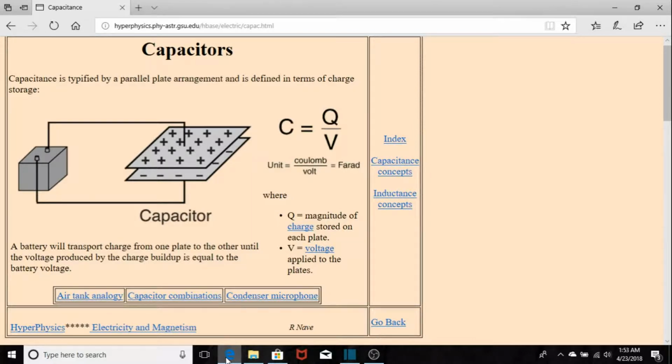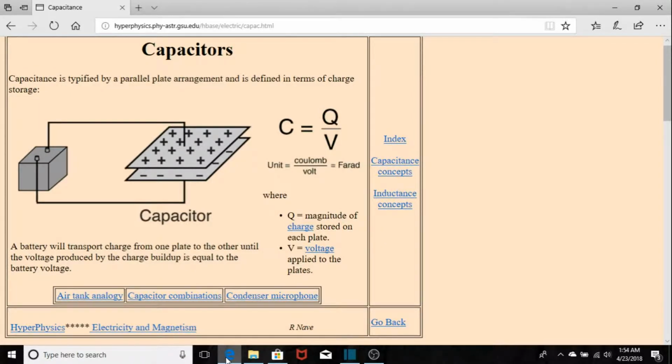In order to find the equivalent capacitance, which we're going to do in this problem, you will need to find the magnitude of the charge stored and the voltage applied to the plates, which is Q over V, is equal to C. Capacitors are basically a battery that will transport charge from one plate into the other until the voltage produced by the charge buildup is equal to the battery voltage.